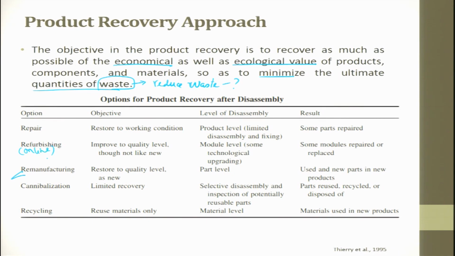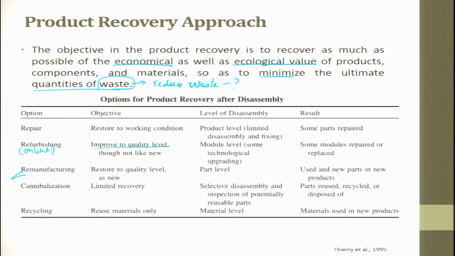Refurbishing, which is very commonly used in online purchase. If you see cell phones, they say refurbished cell phones, refurbished products. Improve to quality level, though not like new. This generally happens while producing the part.